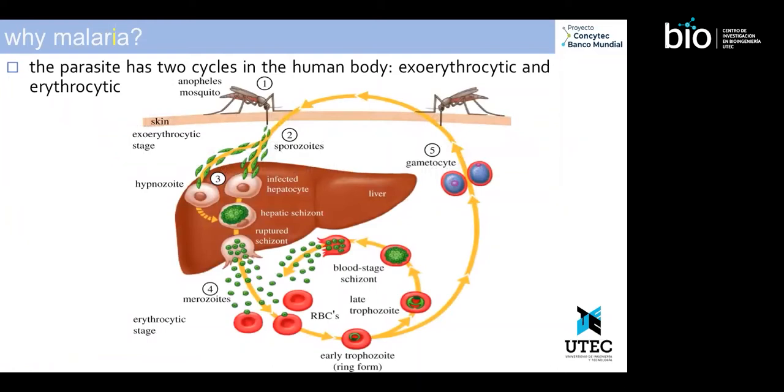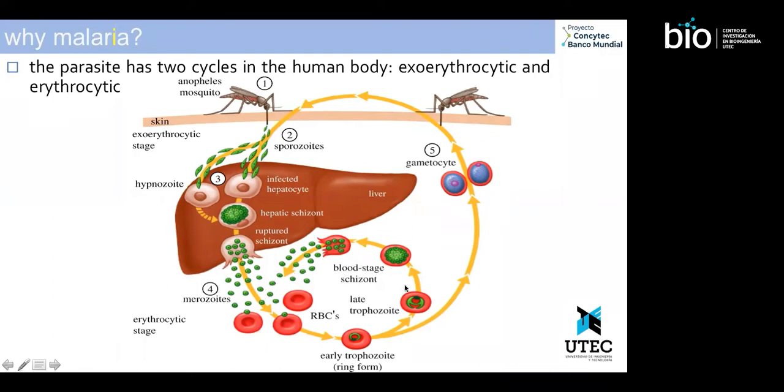There are a few different types, but you get infected by the mosquito who bites you. And then we have the sporozoites, which get into the liver, and from the liver, they infect the liver cells, which are called hepatocytes, and they burst open, and then they infect the blood cells.